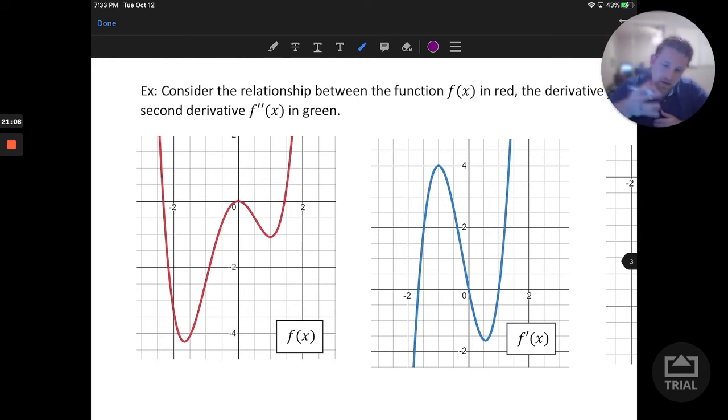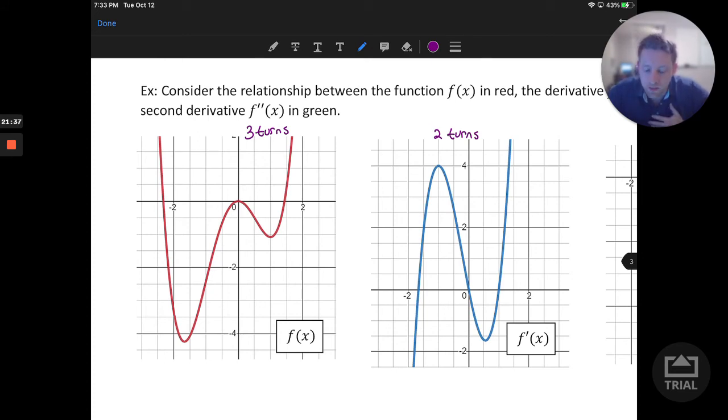This is not always the case in every graph, but many times we'll notice that we have really 1, 2, 3 turns in this first graph, and then we'll have 2 turns of direction in its derivative. Just an interesting property that you might see.